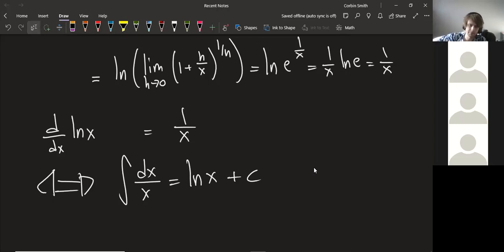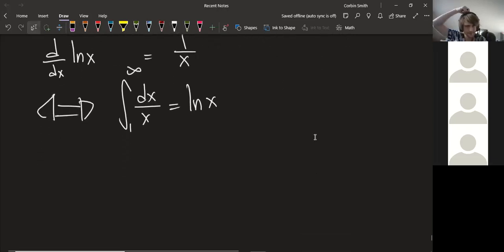So let's use this. Actually, I'm going to do the definite integral. I changed my mind. Say 1 to infinity. So do I want to do it that way?